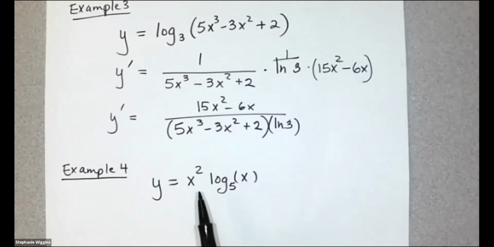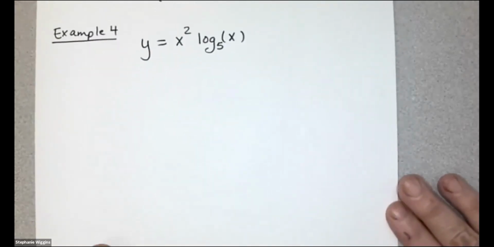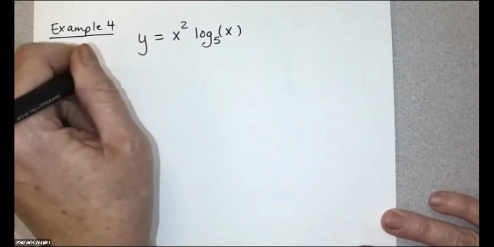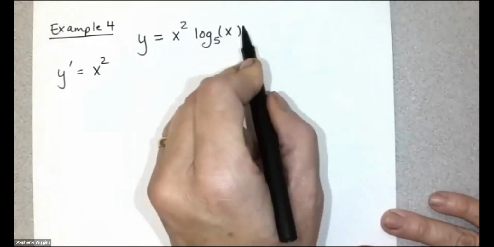Okay, so we have a power function and a log function. And the product rule says we take the first times the derivative of the second.